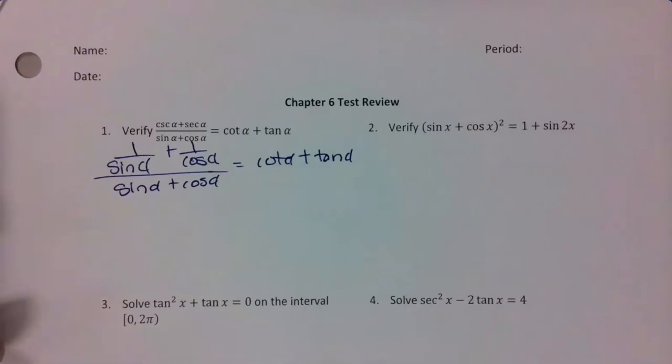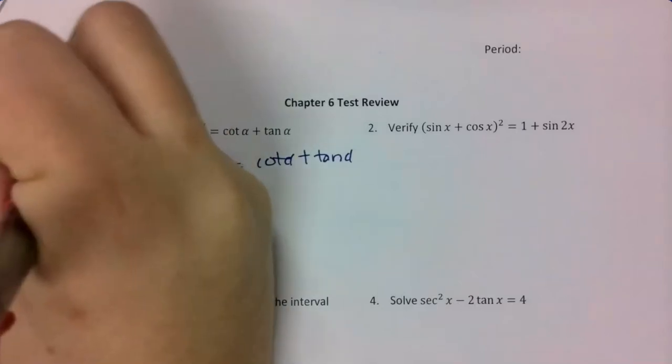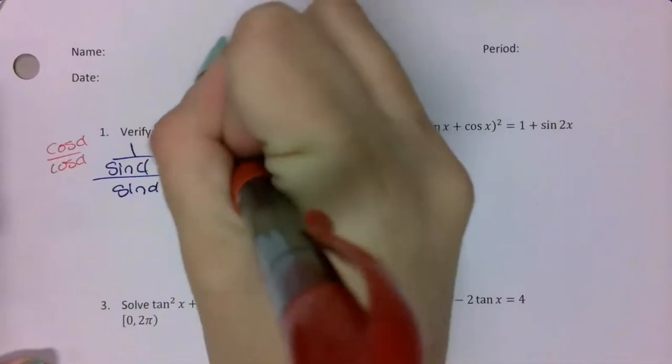Then I have two fractions being added on the numerator. I want to make it so I can add these together. This one's going to get multiplied by cosine alpha over cosine alpha, and this bottom one's going to get multiplied by sine alpha over sine alpha.